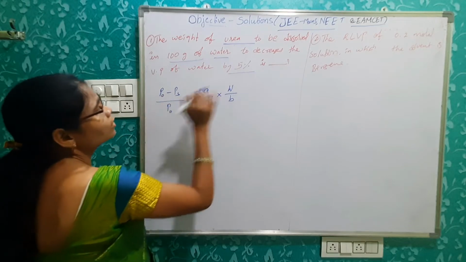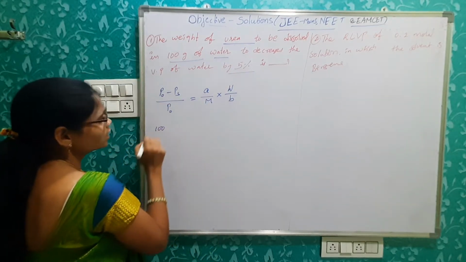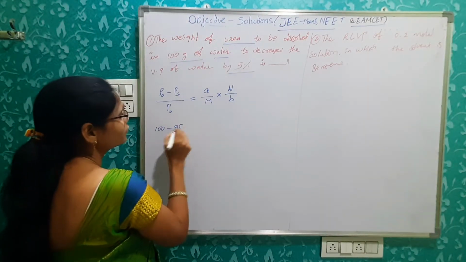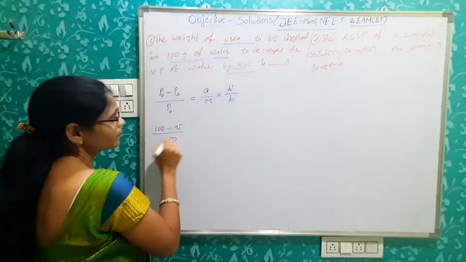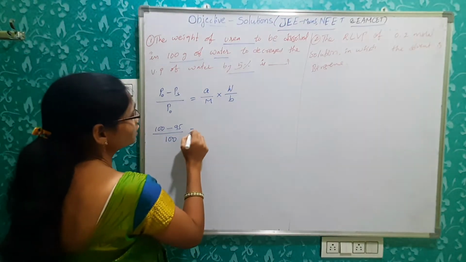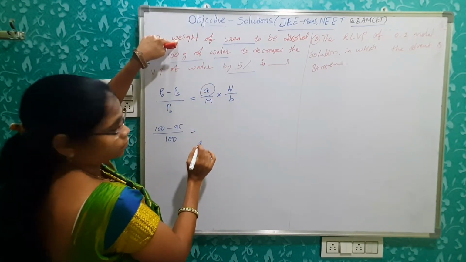Now a 5% decrease means initially 100, decreasing to 95, over 100. We have to calculate the weight of urea solute.